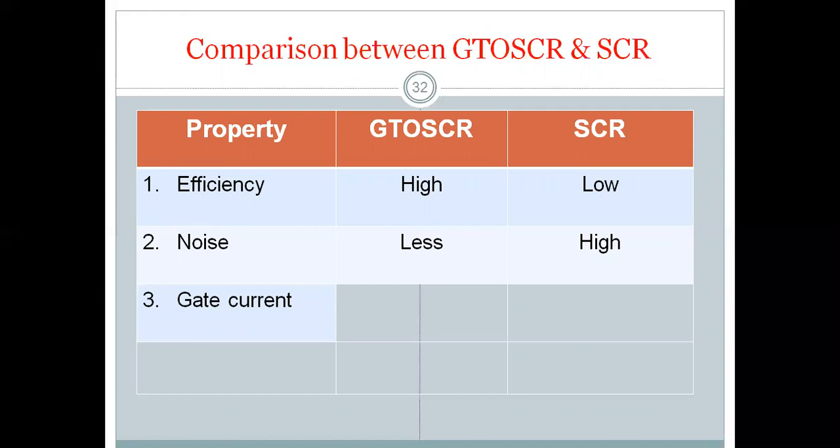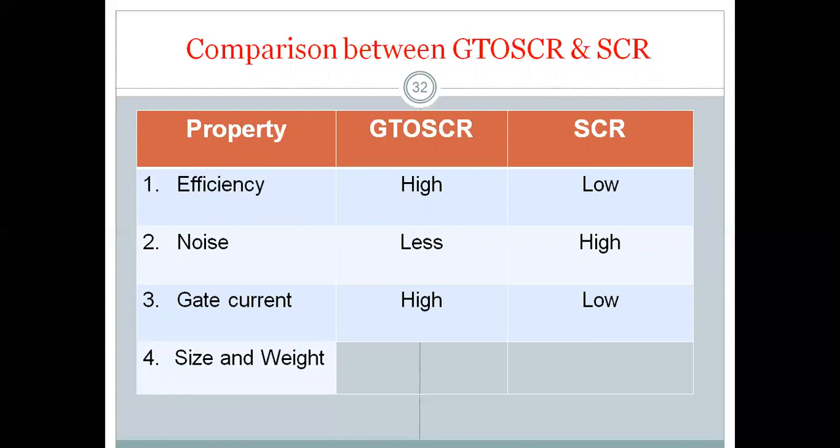Gate current: high gate currents are required in GTO SCR, while low gate current is required in SCR compared to the GTO SCR. Size and weight: small size in GTO SCR; compared to the GTO SCR, regular SCR is larger in size.